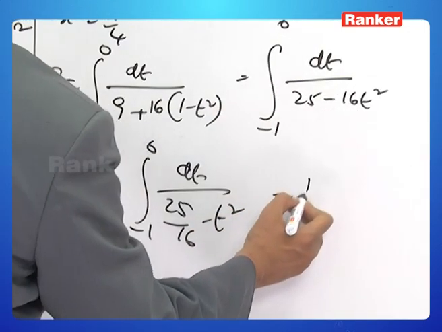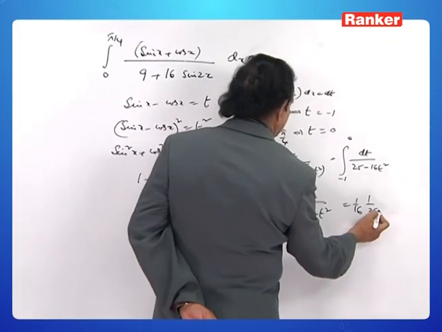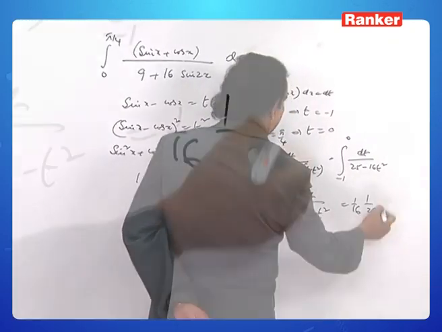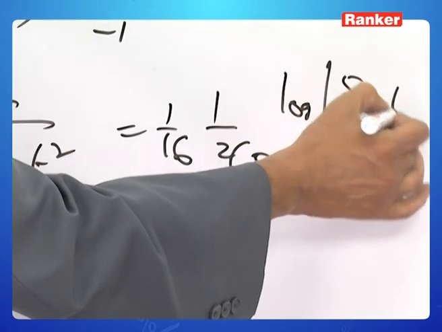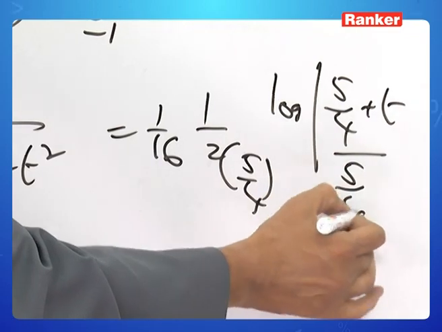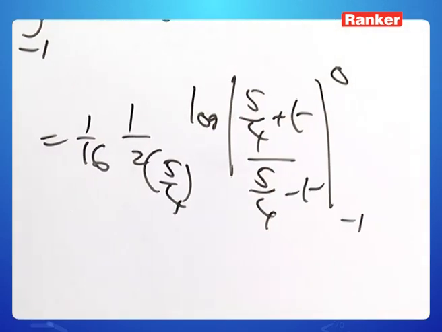Hence it is 1 by 16 into 1 by 2a. A is 5 by 4 into log mod 5 by 4 plus t, 5 by 4 minus t between the limits minus 1 and 0.